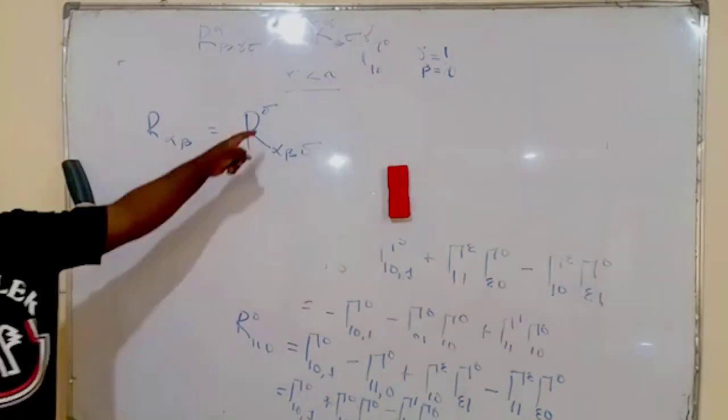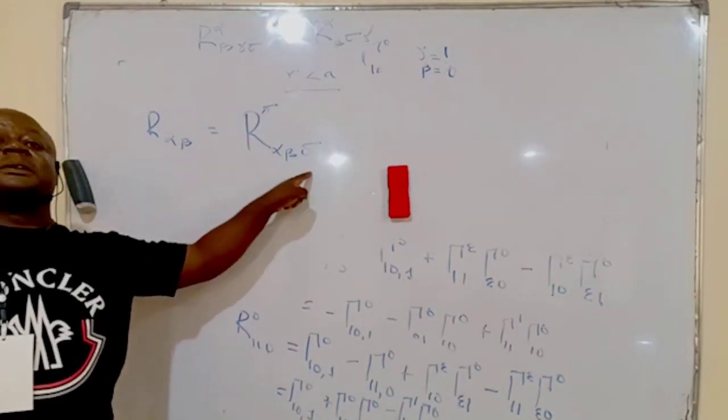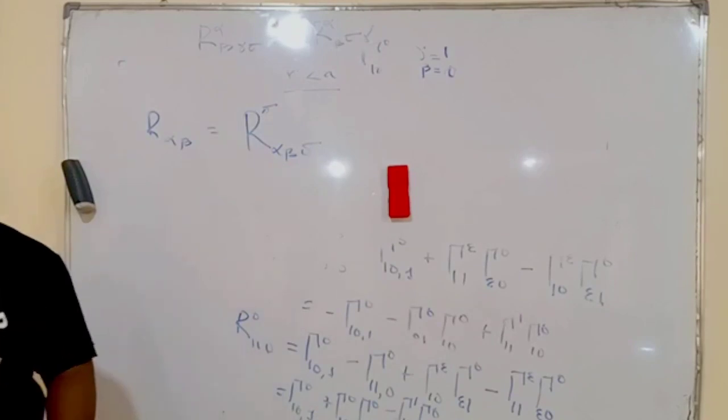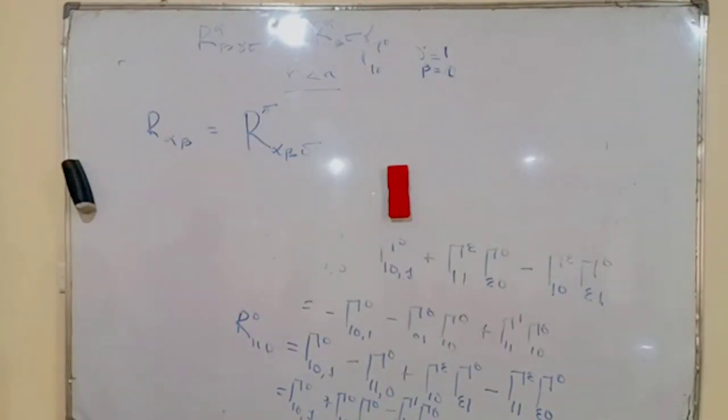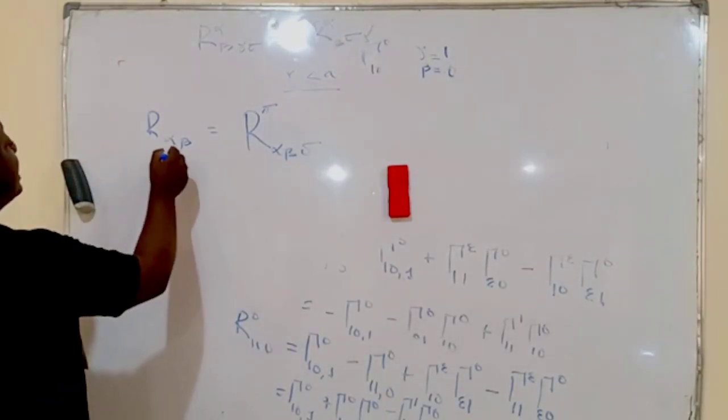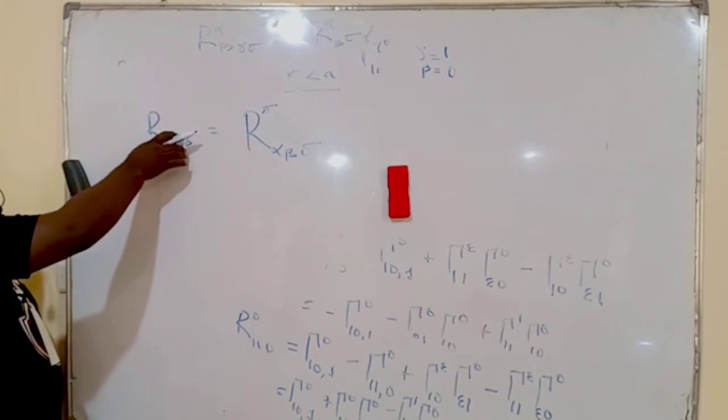So you just set this to be equal to this to give you that. And remember there are 16 of these.